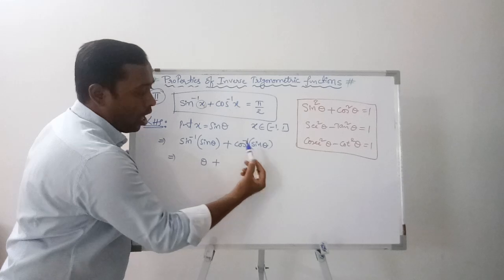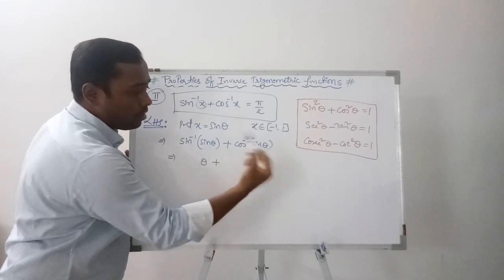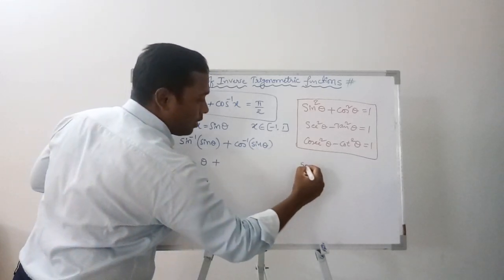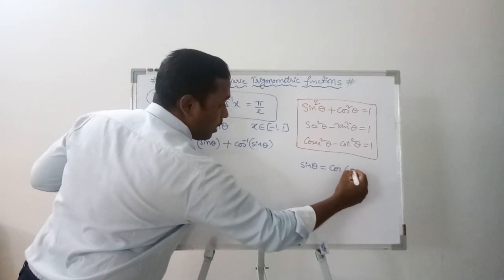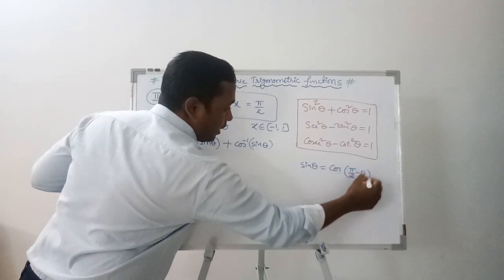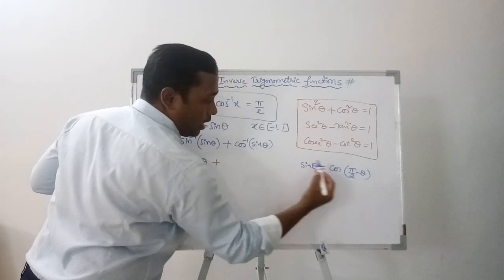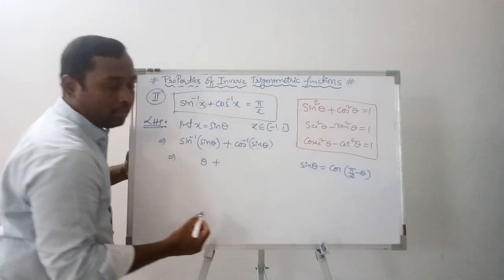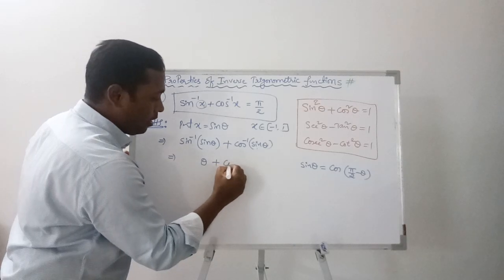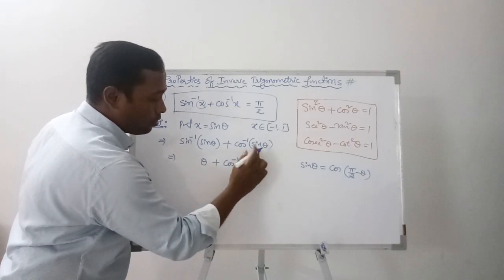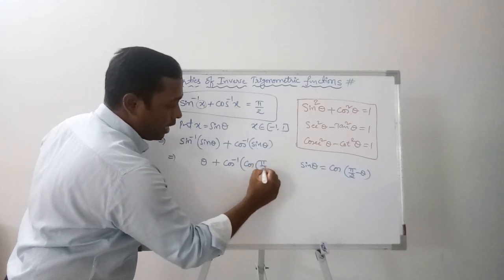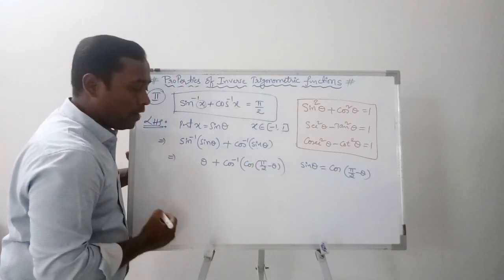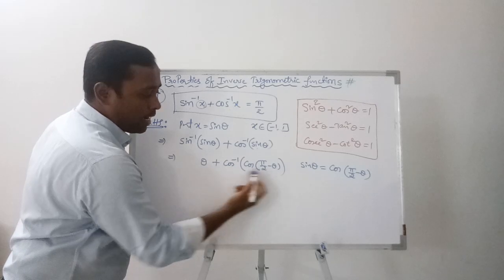You know how we can convert sin theta in terms of cos: sin theta can be written as cos of pi by 2 minus theta. Sin theta can be written as cos of 90 minus theta. So I am reducing cos inverse of sin theta as cos inverse of cos of 90 minus theta. Fine. Now it is in the form of the exact property.